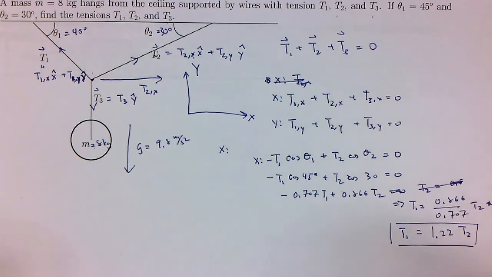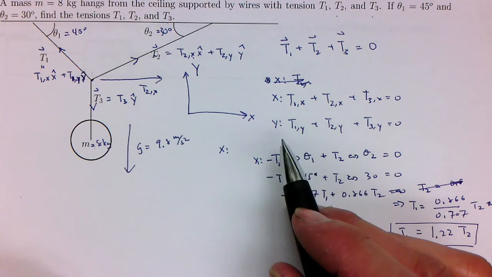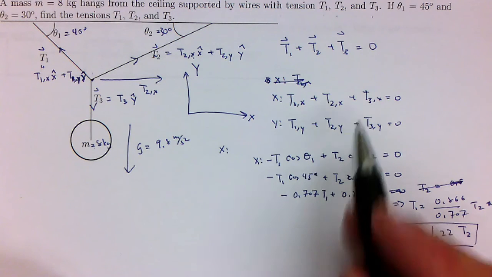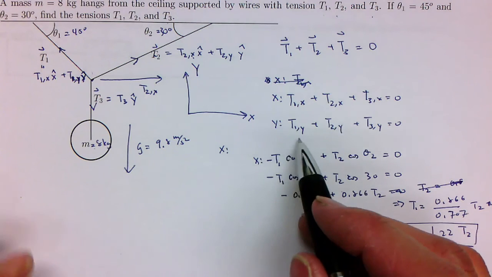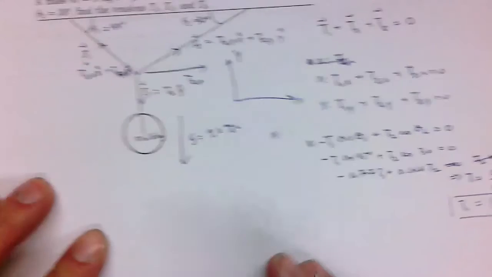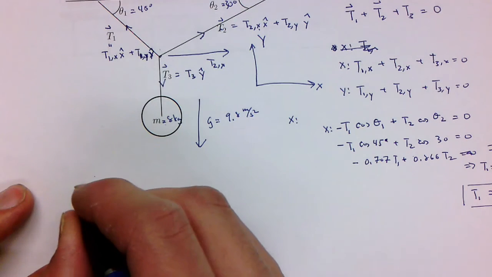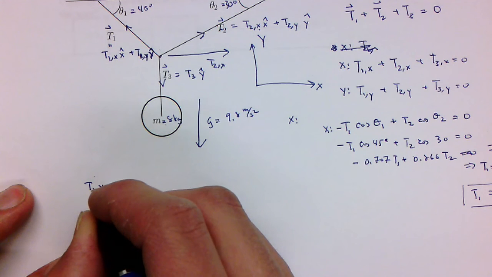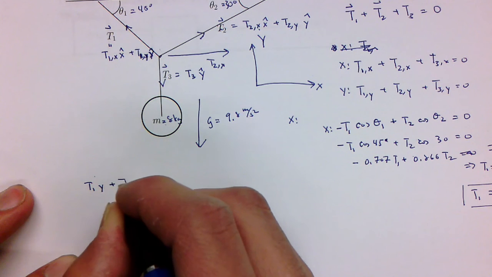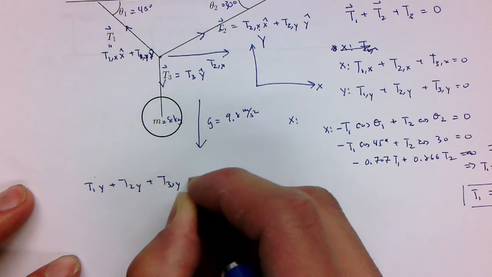All right. Now, along the y direction, there are again 3 components here. Let's just save this piece of information for a second. Along here, we're going to get basically T1y plus T2y plus T3y is equal to 0.